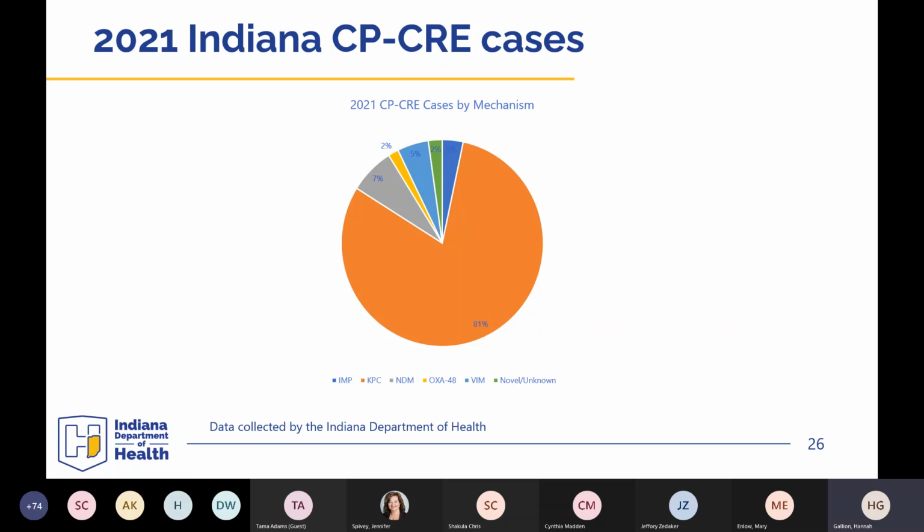CpCRE are reportable in the state of Indiana. In 2021, there were 179 reported cases. Here you can see the breakdown of different gene markers. As I said, KPC is the most common gene marker found in CRE across Indiana. You may also notice that about 2% of isolates are marked as novel or unknown.